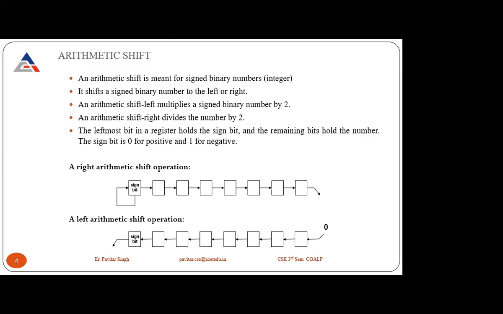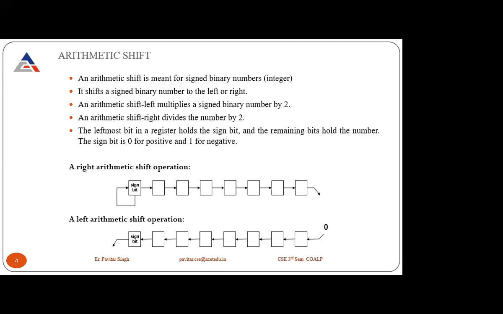So 1010. How can you make it 5 digits? By placing a 0 before the number, right? 01010. So this is your signed binary number, right? Clear? Yes, sir. Very good.